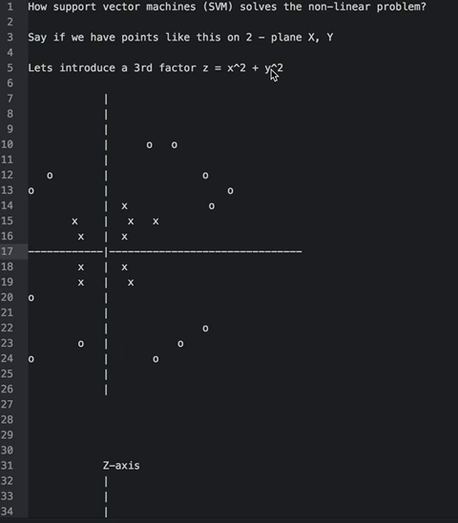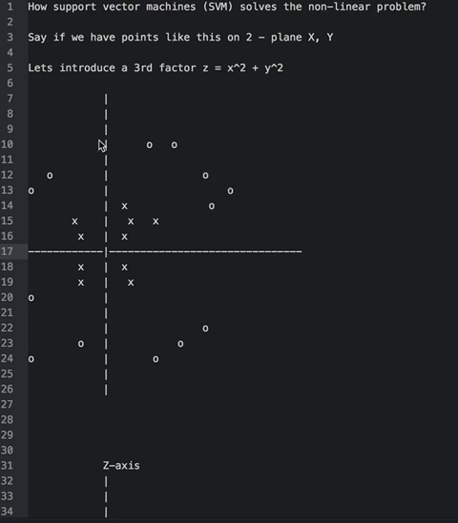What I'm adding here, if you see, the distance from the origin to any point is the square root of x square plus y square, which you already know, which means I am actually squaring the distance of my points. So all these points that are close to the origin will have a low z value, because they are very close to the origin.